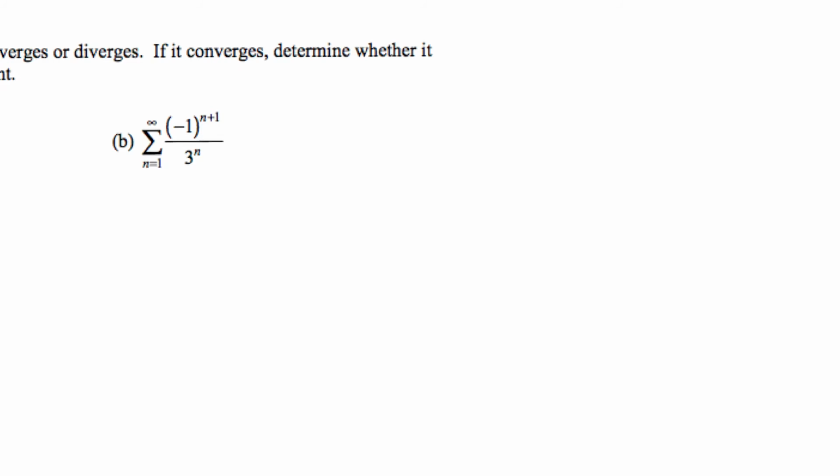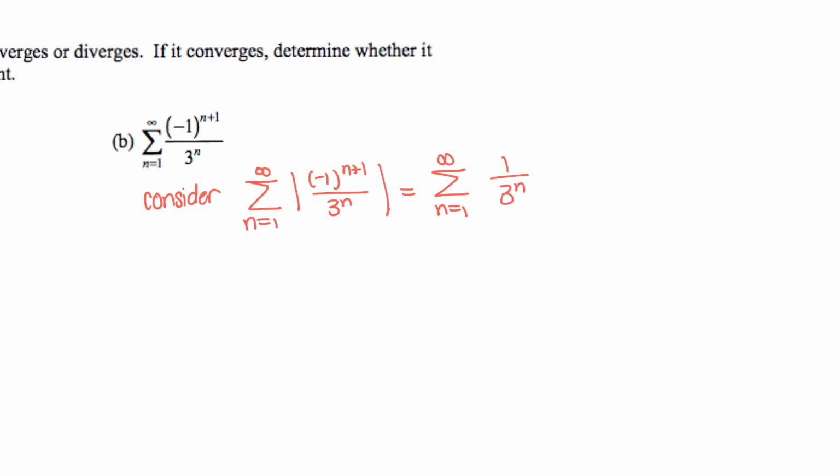So if I consider the series absolute value, well, then I know that alternation goes away, and I'm just left with 1 over 3 to the n. And I could rewrite it if I wanted to as 1/3 raised to the n.